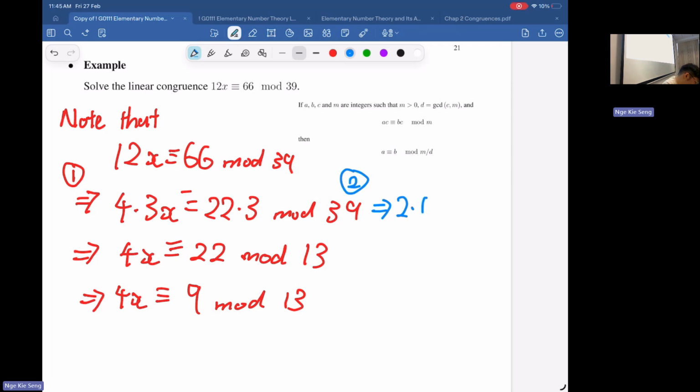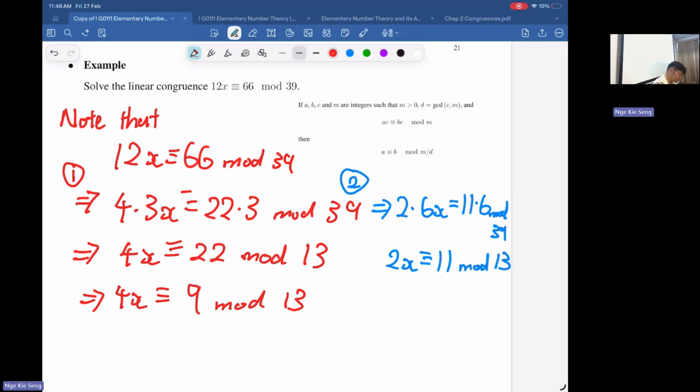So 2 times 6x equals 2 times 11 times 6 mod 39. And then we see that the GCD of 6 and 39 is 3. So then you can remove the 6 such that you get 2x ≡ 11 mod, again, 13.